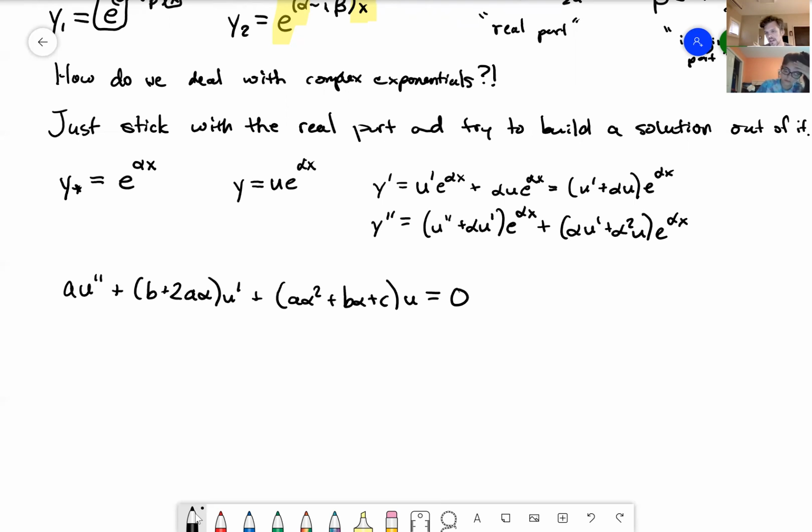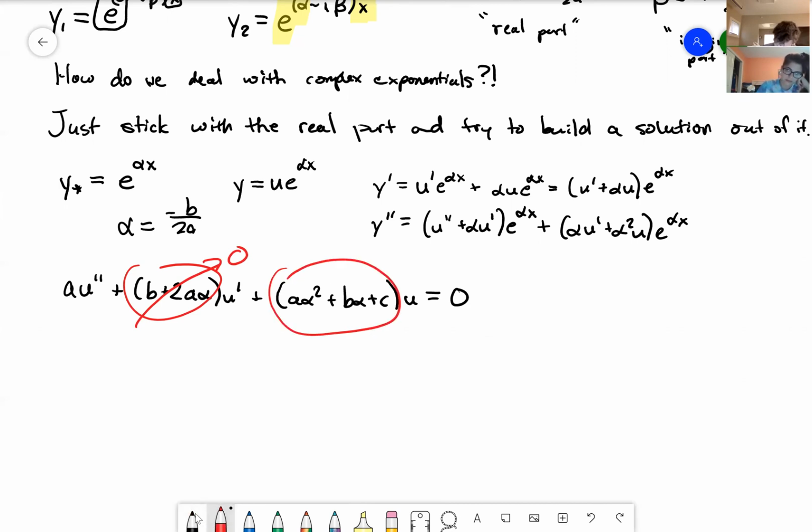It's all the same collecting like terms that we did in the previous. So we get something very similar. And we know again that alpha is equal to minus b over 2a. So 2a times alpha is negative b, and so this part is just 0.